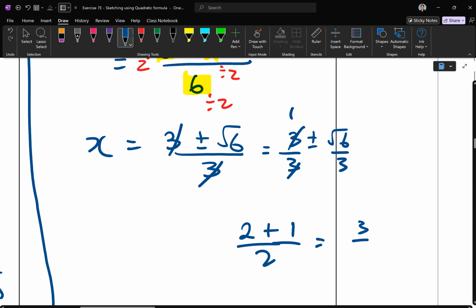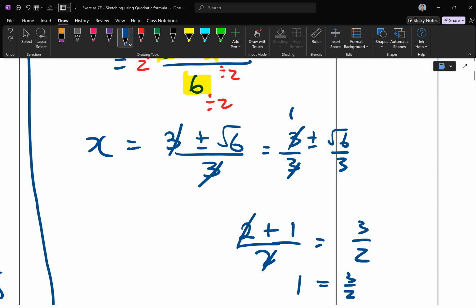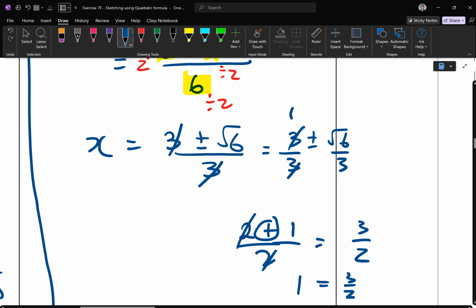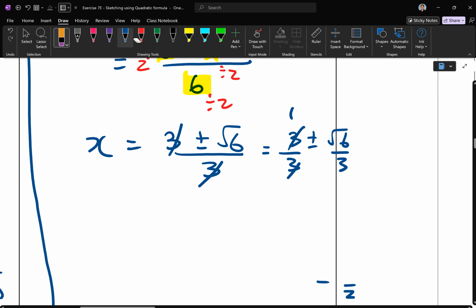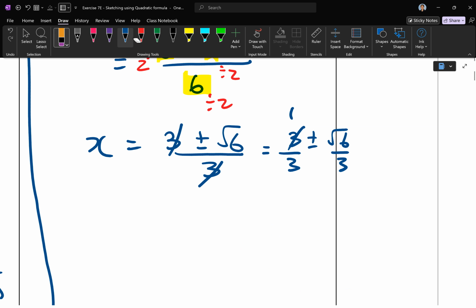The answer should be 3 on 2. But if I cross this off, you're essentially saying 1 equals 3 on 2. It's not the same. 3 on 2 is 1.5. So that's the reason why you can't just cross off top and bottom. That's because there's a plus sign. So there's 2 fractions there.